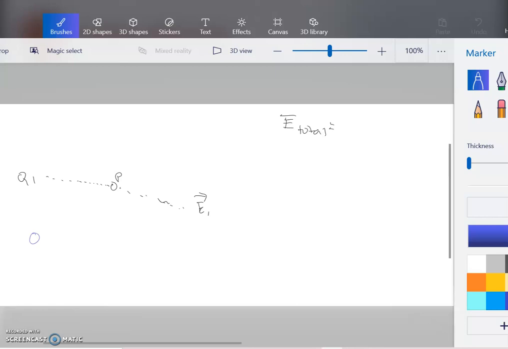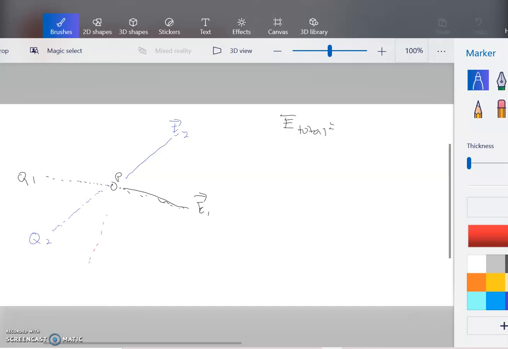At this point, let's say you have point charge 2, P will experience electric field intensity E2 from point charge 2. And for example, you have a lot of charges.